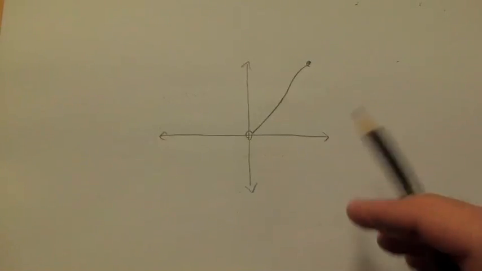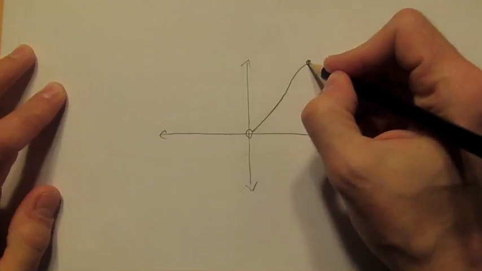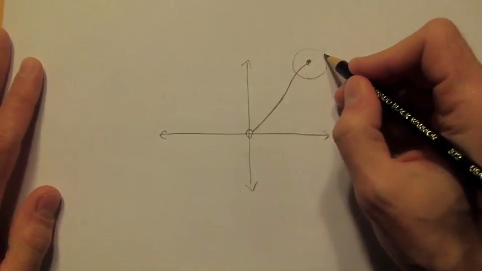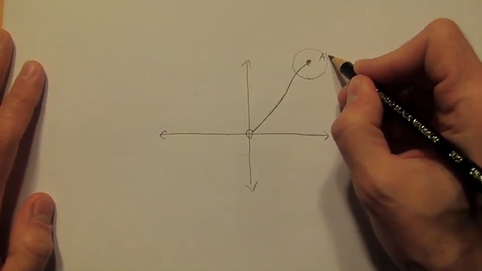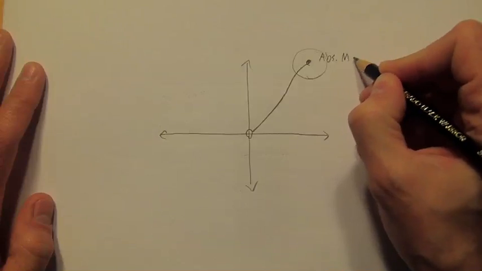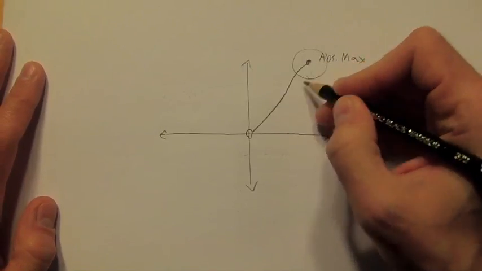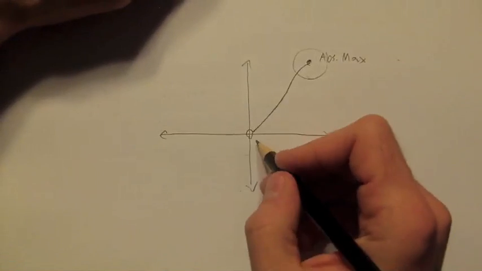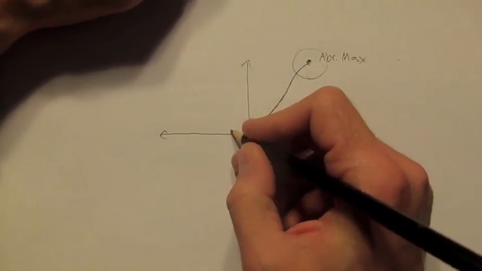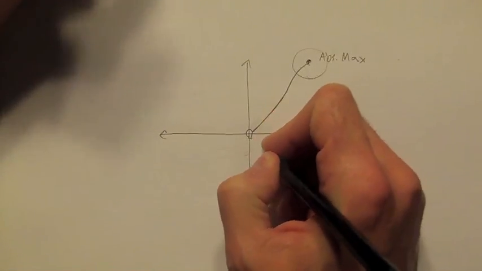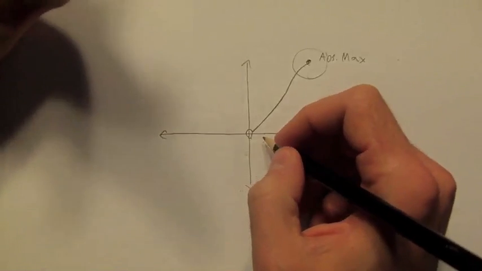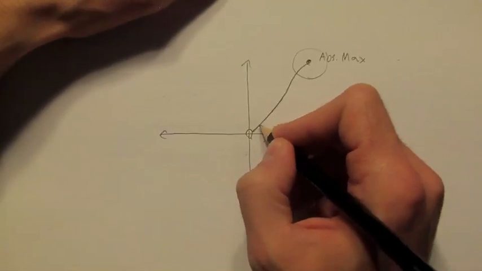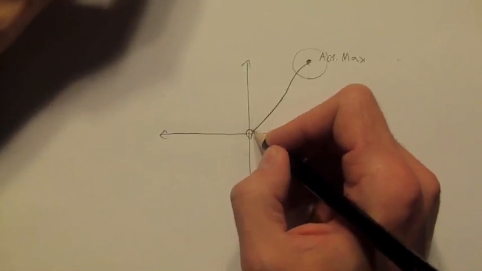Now this is all fairly straightforward and whatnot, for the most part, until you get to something like this. The global max is right here, and there I am again calling this a global max, but the absolute max is here because this is the highest point of the graph total. But we have to be careful because we might be tempted to say that this is an absolute min, but actually it's not, because the graph never reaches this point.